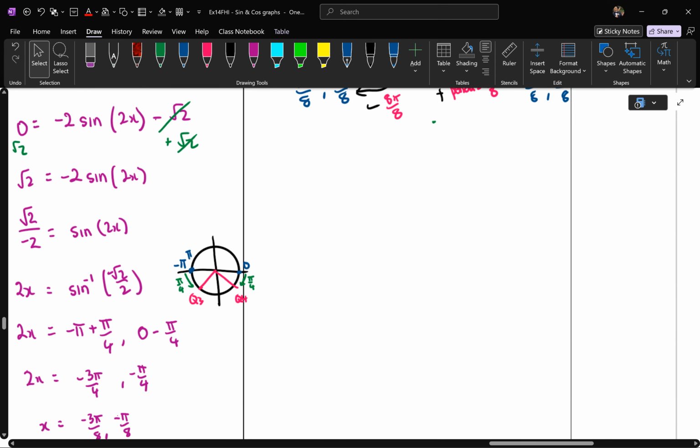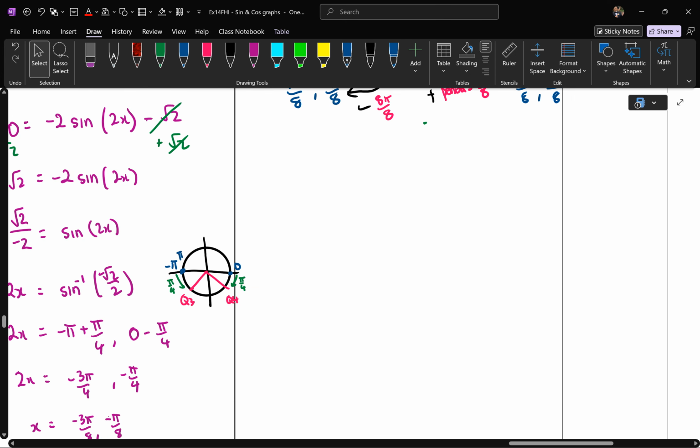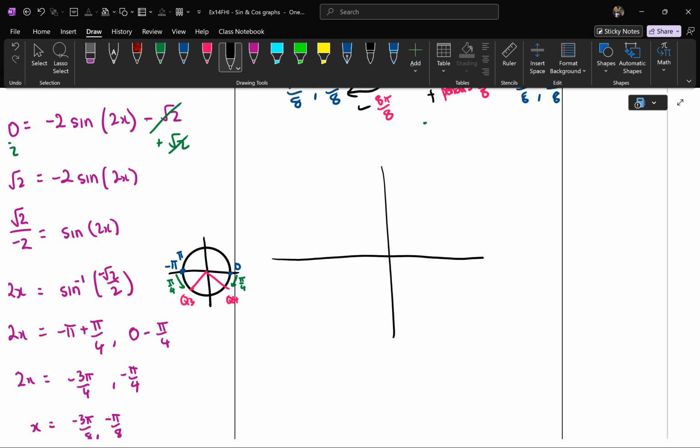Let's sketch the graph now. You had negative pi to pi, negative pi to pi. We know the maximum was negative 2 plus root 2, or 2 minus root 2.